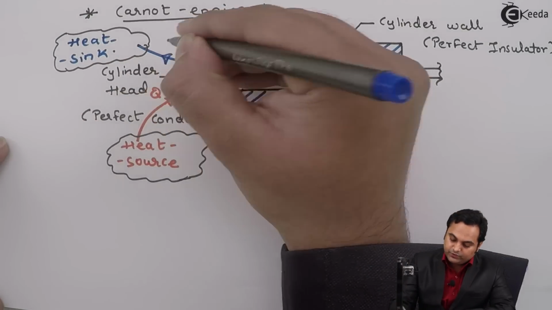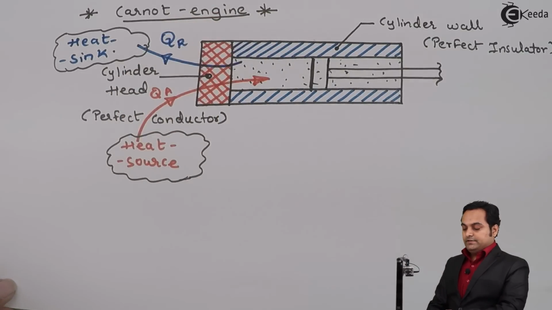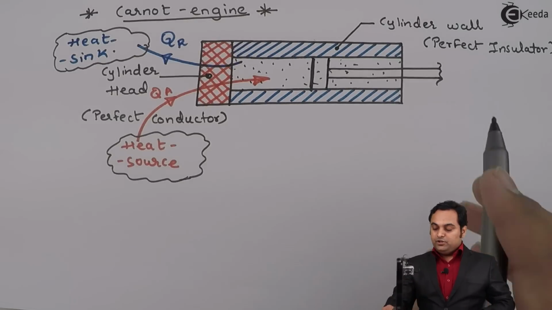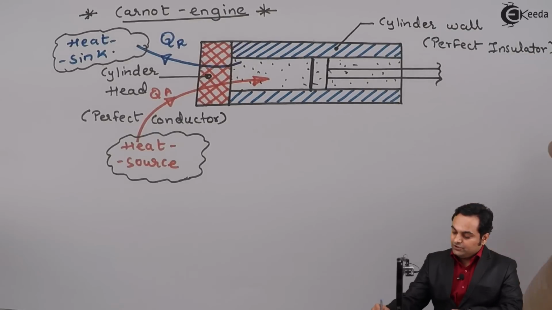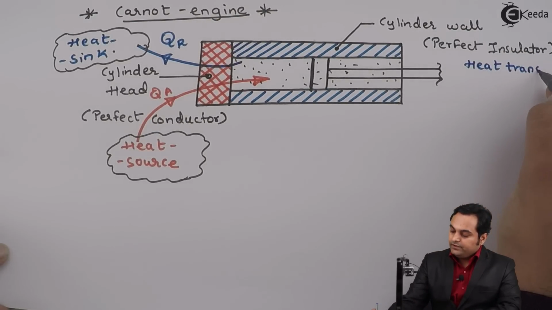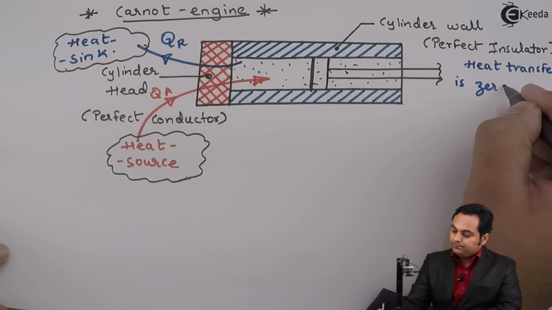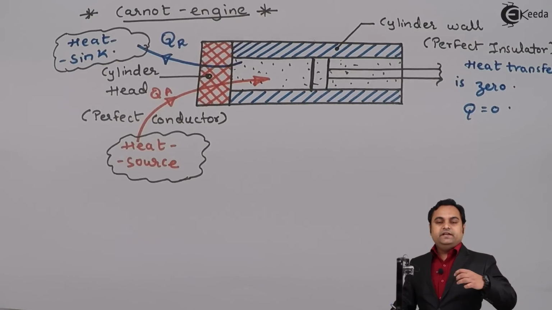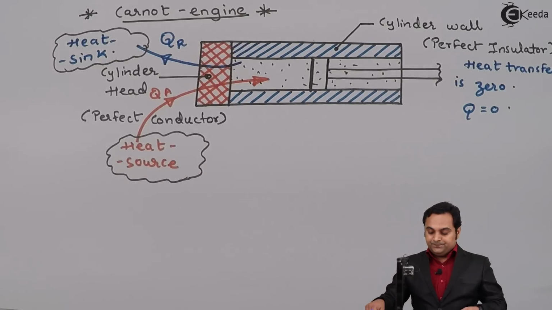In this way the heat rejection process, that is QR, takes place. So this is the diagram of a Carnot engine, and because the walls are perfectly insulated, the heat transfer through the walls is zero. Only the heat transfer through the head of the cylinder takes place.